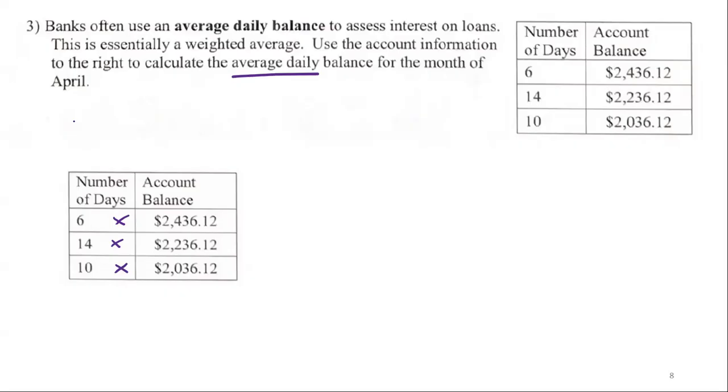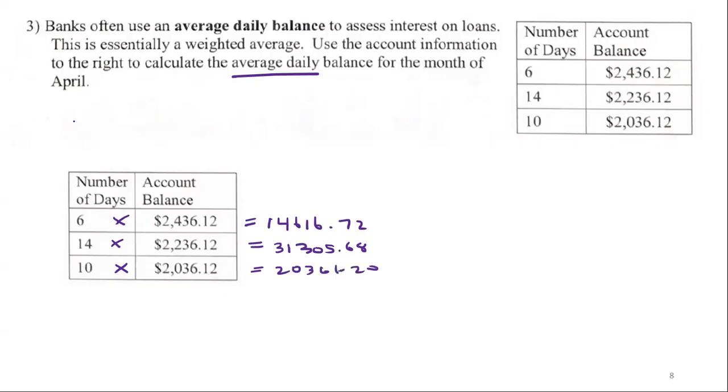So again, we take 6 times the first amount here and we get 14,616.72. The second one, when we multiply those, we get 31,305.68. And then for the last one, we get 20,361.20.